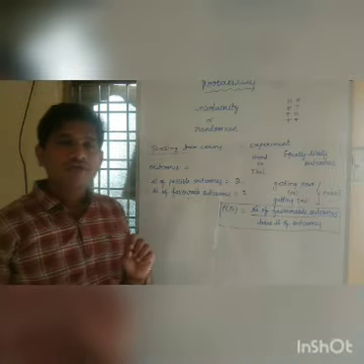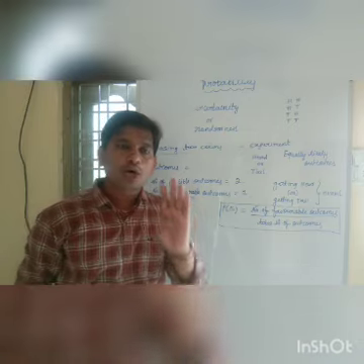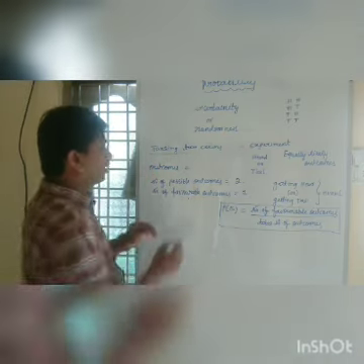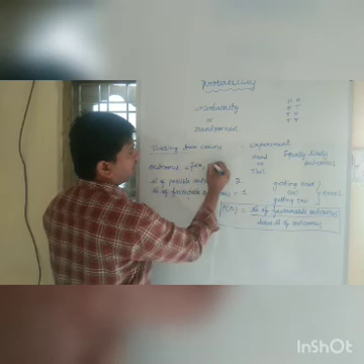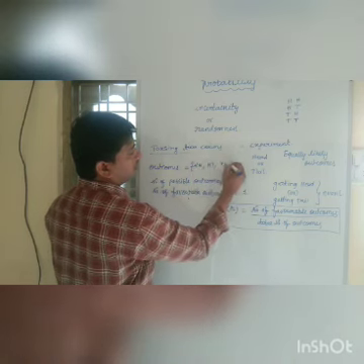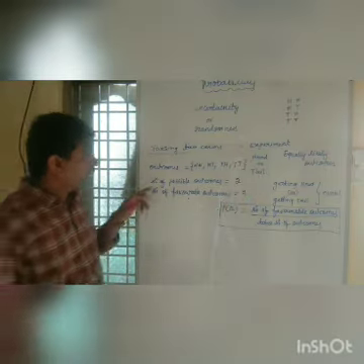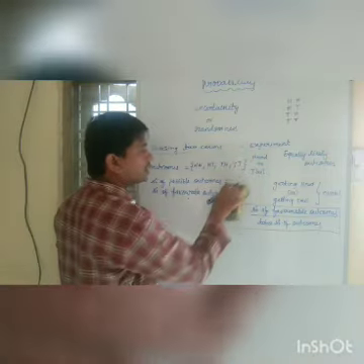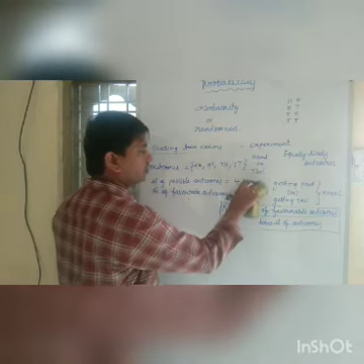I mean, when we toss 2 coins, the number of possible outcomes are 4. They are head head, head tail, tail head and tail tail. Number of possible outcomes are how many? 1, 2, 3, 4. Number of possible outcomes are 4.